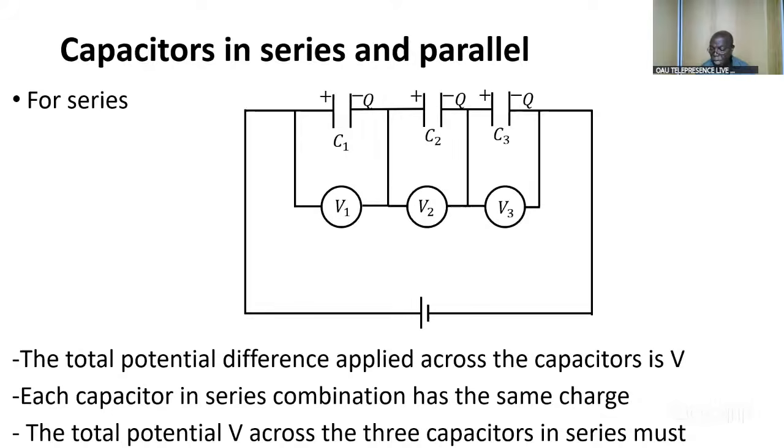Let me repeat the question very well so that you can get it. I said a parallel plate air capacitor is made of 0.2 meters squared tin plates and 1 centimeter apart.